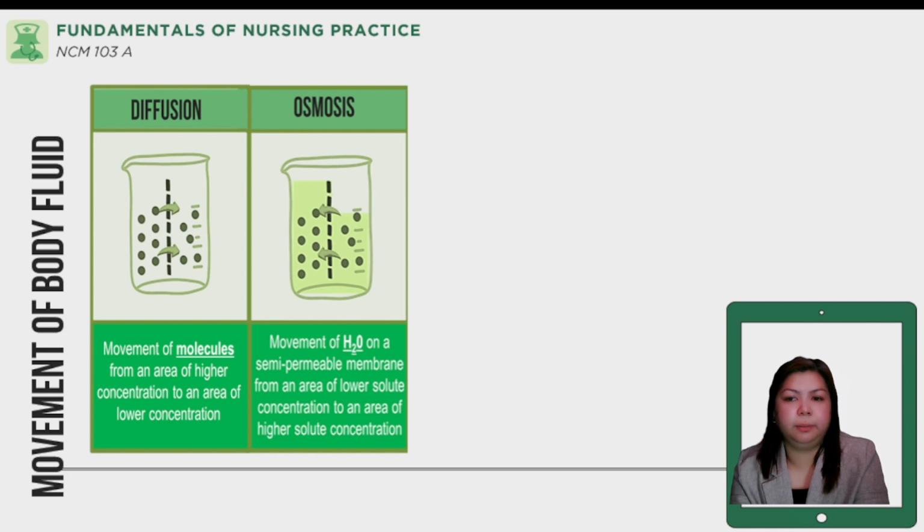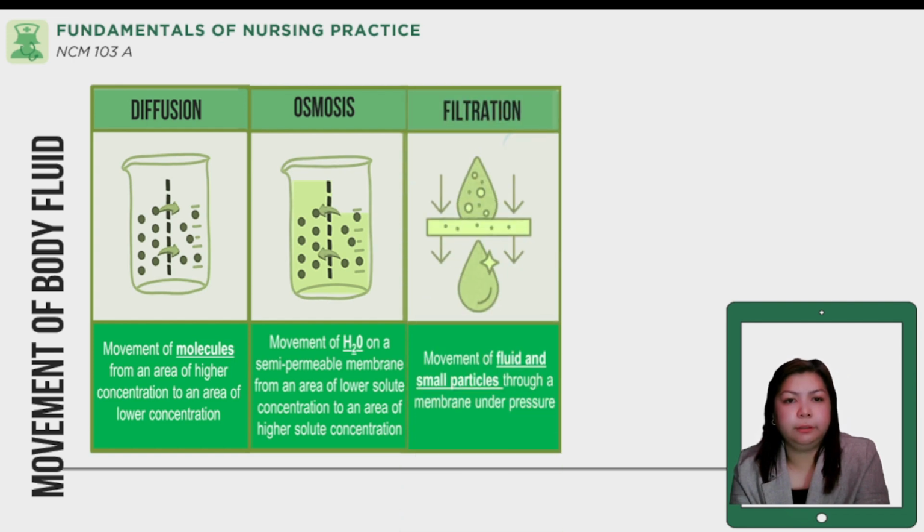In the body, this process of osmosis plays a crucial role in maintaining proper hydration levels in your cells and tissues, as well as in processes like kidney function and fluid balance. Next, we have filtration. Filtration is a process by which substances are separated based on particle size as a fluid passes through a barrier.